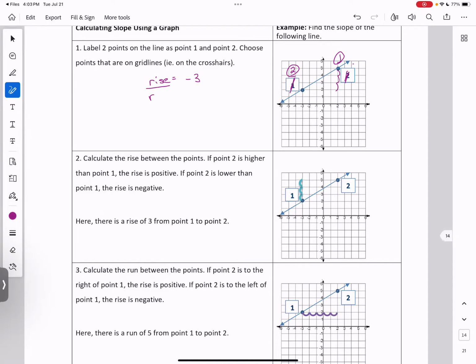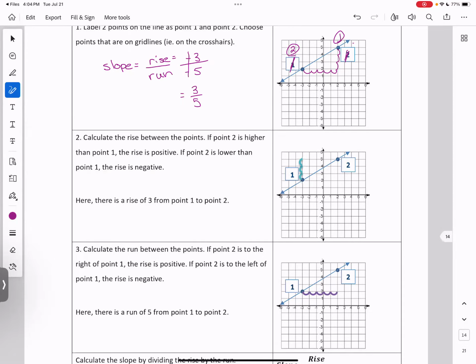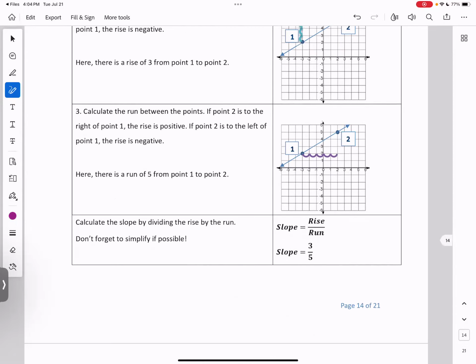My run, slope is rise over run. So my run from point 1 to 2, I have to go 1, 2, 3, 4, 5 over to the left, which is negative 5. And so my negatives cancel, and I end up with the same result that we got, which is 3 over 5. So that's why it doesn't actually matter which point you choose as 1 and which point you choose as 2.